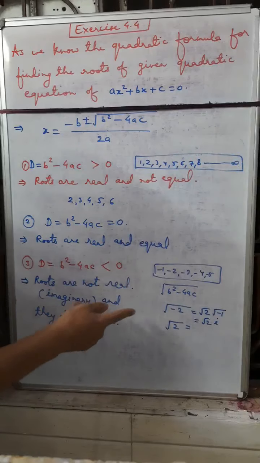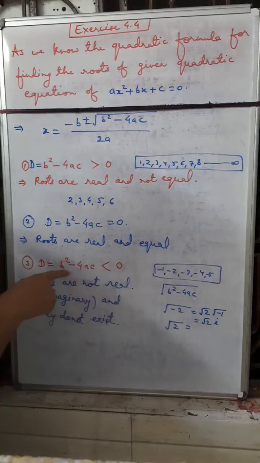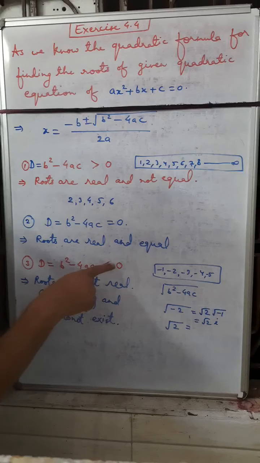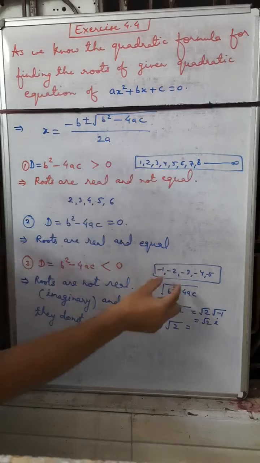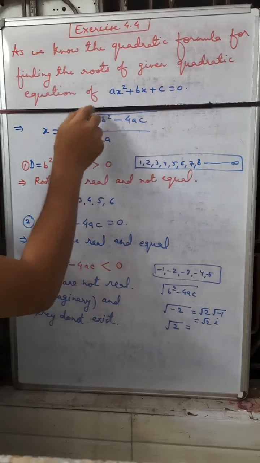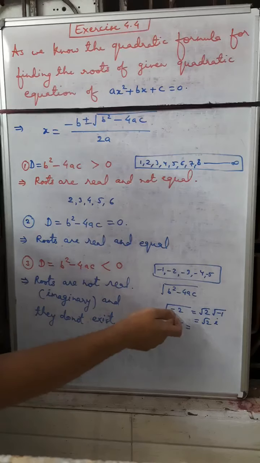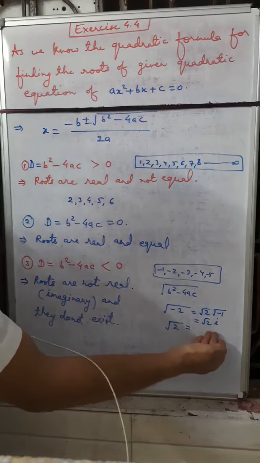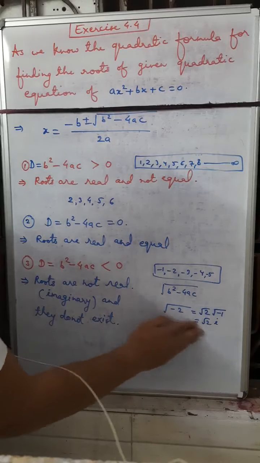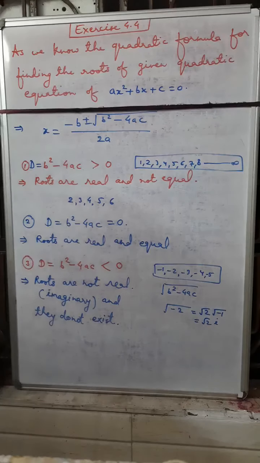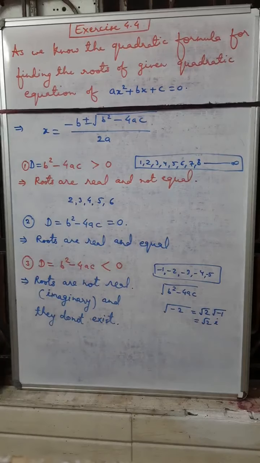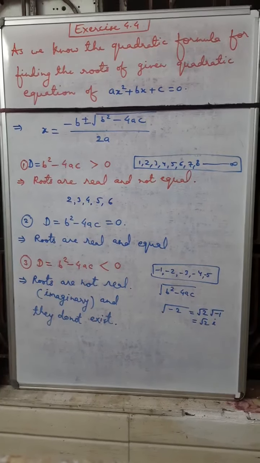But if b square minus 4ac is less than 0, you can't find the under root of minus 2, minus 3, minus 4; it will be an imaginary number. So in that condition, the roots are not real or they do not exist. We must remember these three conditions before solving the exercise.